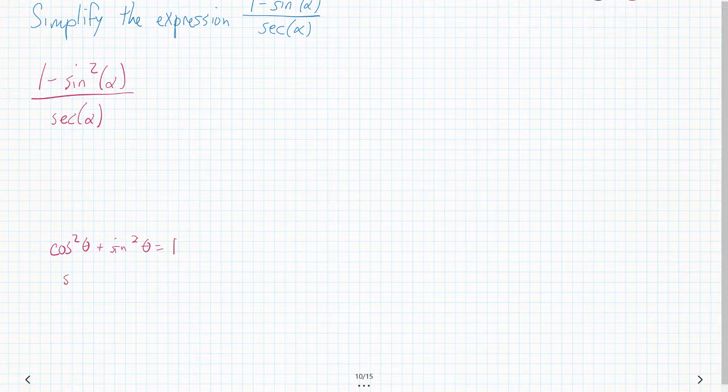So that means if you put that sine squared theta over to the other side, notice you have cosine squared theta equals 1 minus sine squared theta, right?